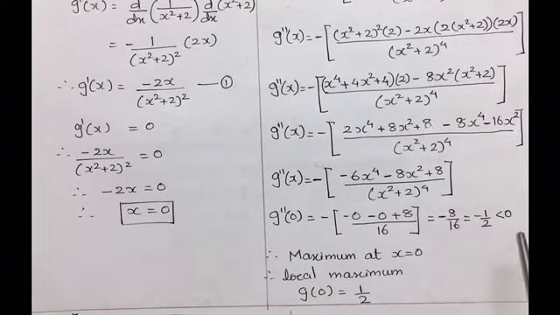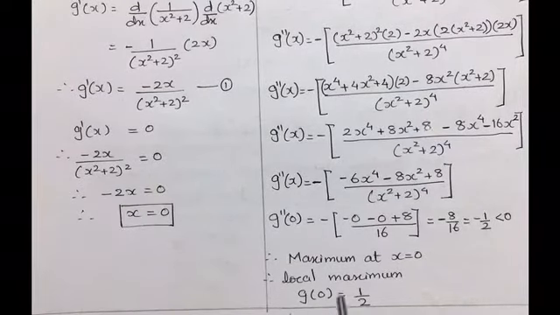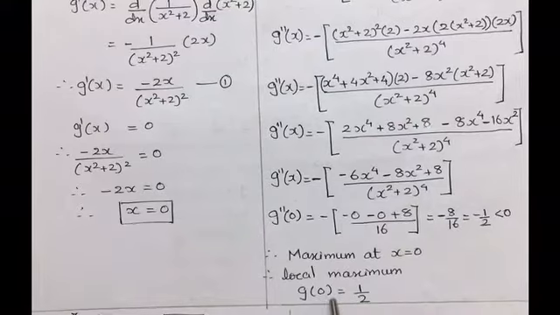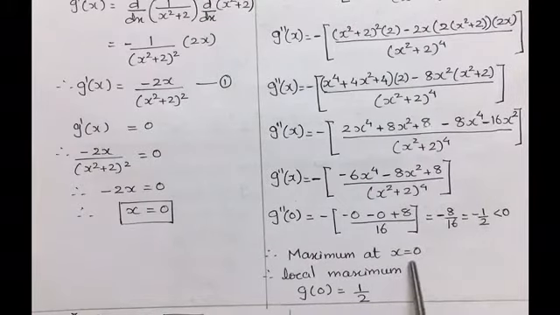As it is negative, we have maximum at x equal to 0, and for the local maximum we need to substitute in g of x the value of x as 0, we get the answer as 1 by 2. So this local maximum becomes 1 by 2 when x is equal to 0. The only thing in this example is the second derivative calculation should be done perfectly without any mistake.